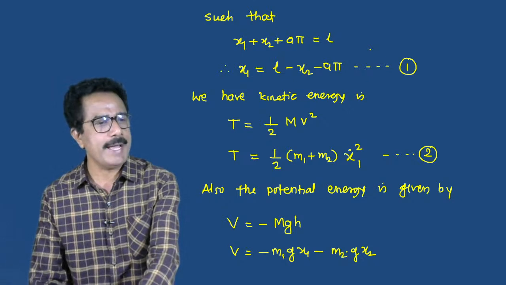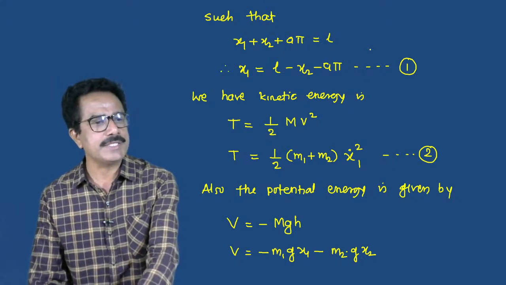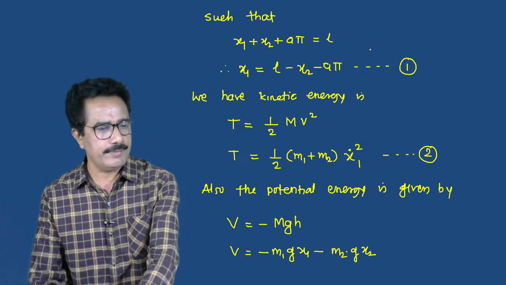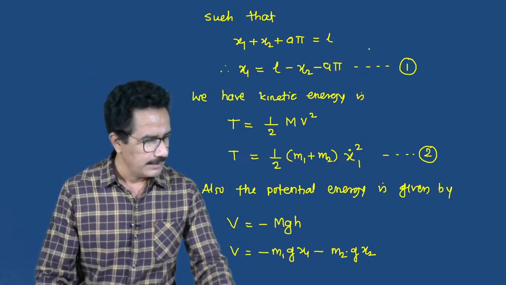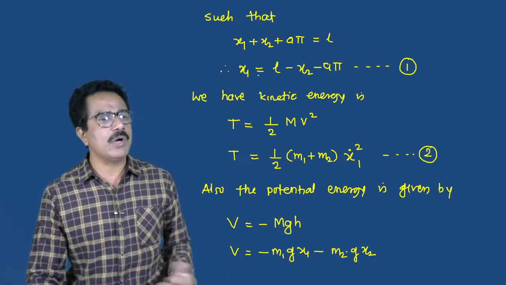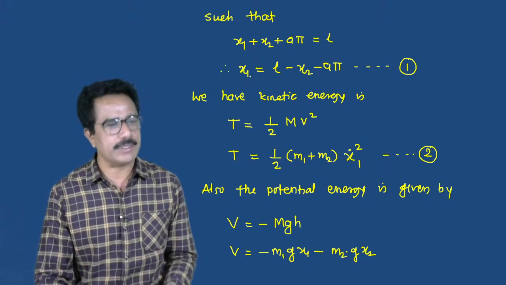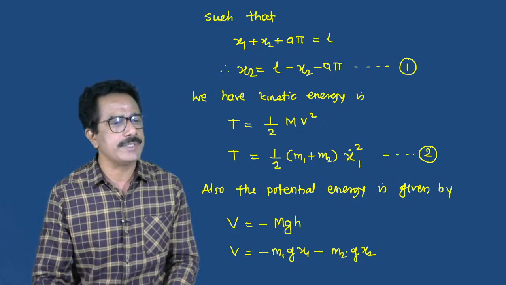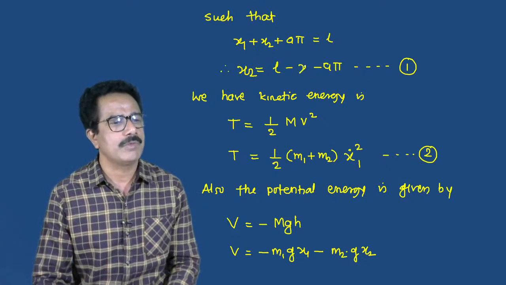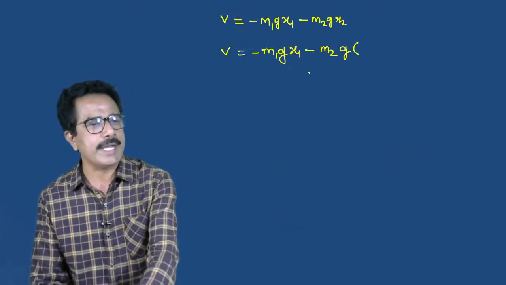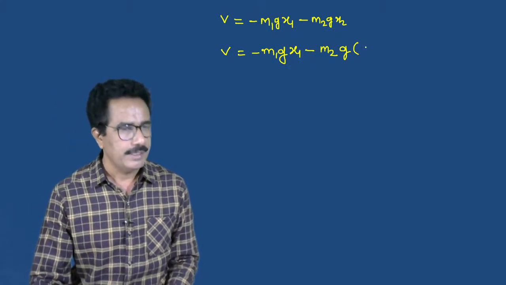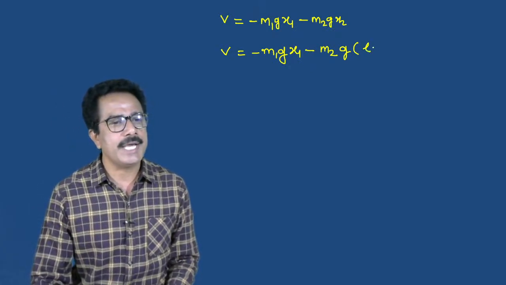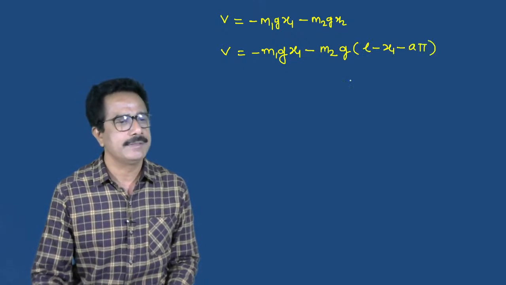See how much x2 is. We can calculate this x2. So x2 is given by x1. No problem. So x2 can be given by L minus x1 minus a into pi.